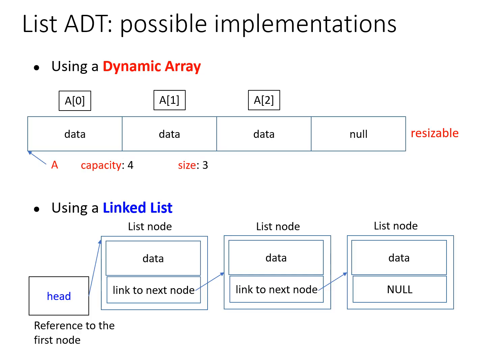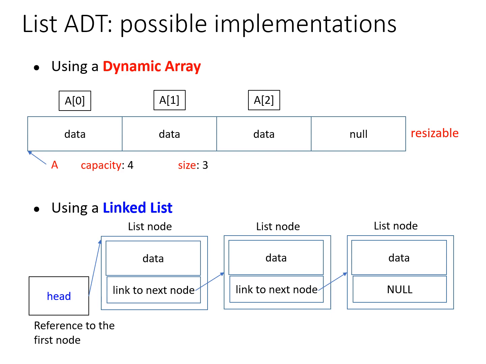We can implement the list idea using an array data structure. We need to maintain the size and capacity as before, and we will not limit the capacity, but make the array dynamic. We will double its capacity each time it is full. We can also implement the list idea using a linked list data structure.